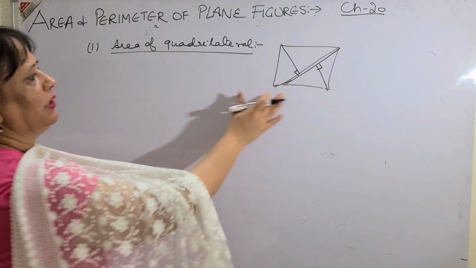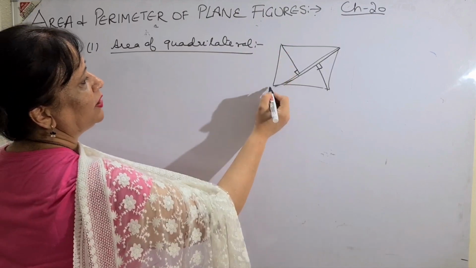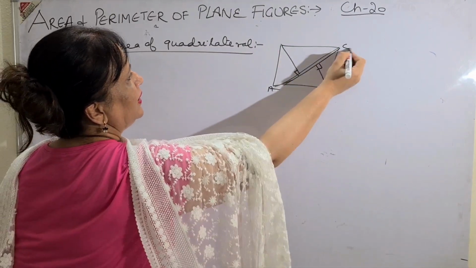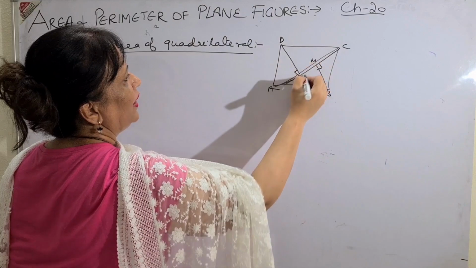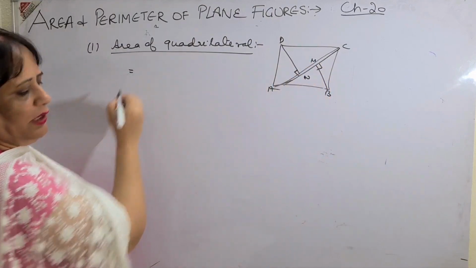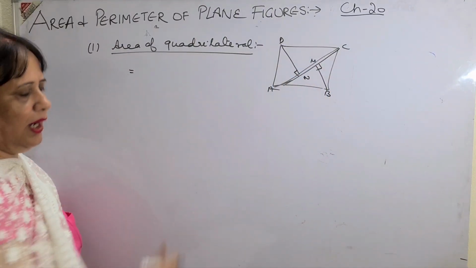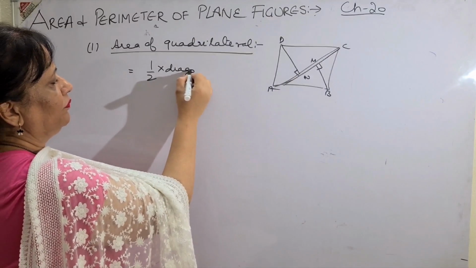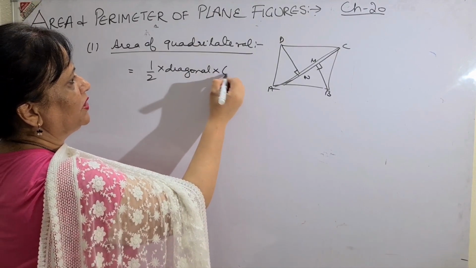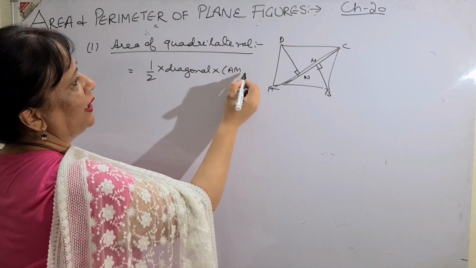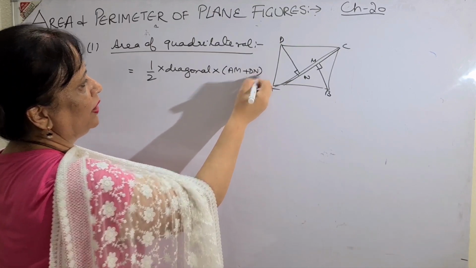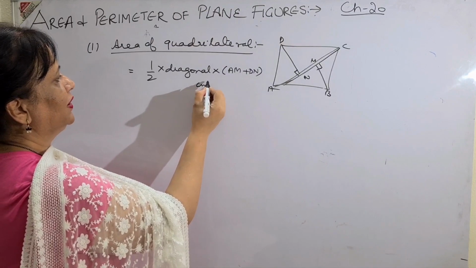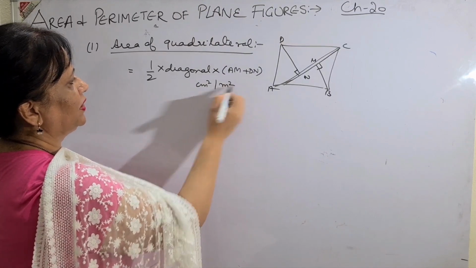If this type of quadrilateral is given, then suppose A, B, C, D, this is M and this is N. So the area of the quadrilateral will be equal to half into diagonal into the sum of the perpendiculars, AM plus DN. Children, you have to learn them. And of course the units, centimeter square or millimeter square.